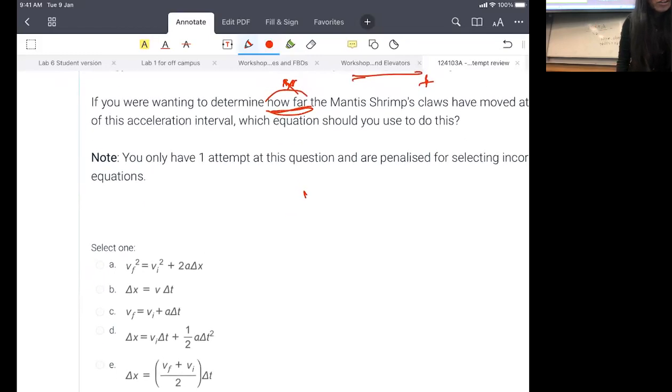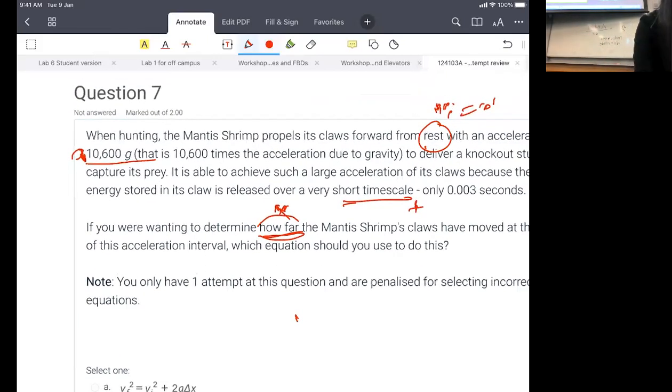So you can use equation A to solve for VF if you know VI, A, and delta X. That's the way to use the kinematic equations: figure out what you know, and then based on that, choose the equation that contains the information you know. If we go back to the problem, it says the mantis shrimp propels its claws forward from rest. So from rest means VI is given. It means VI is equal to 0.